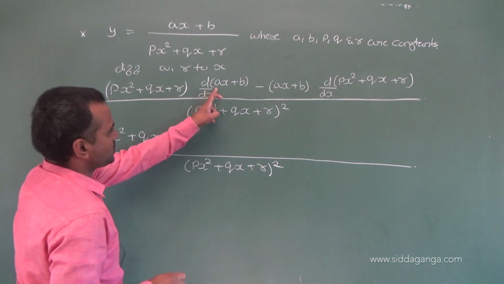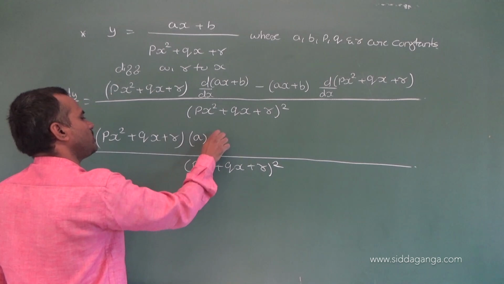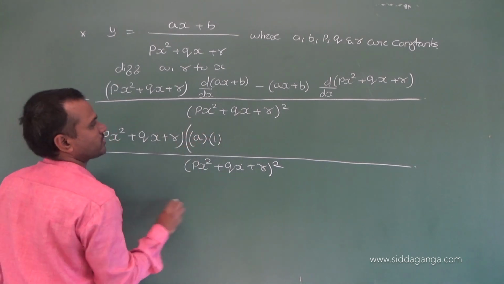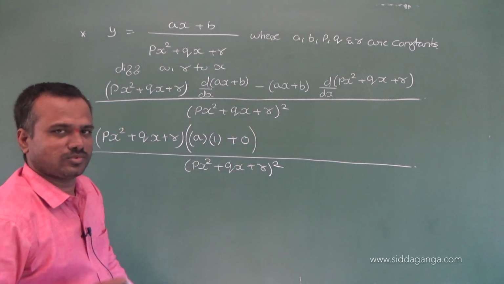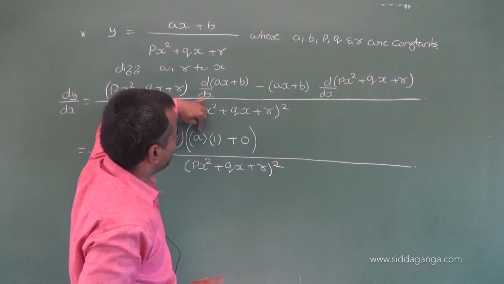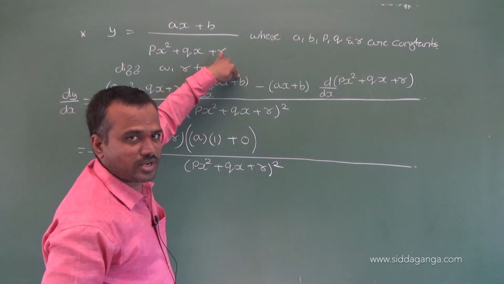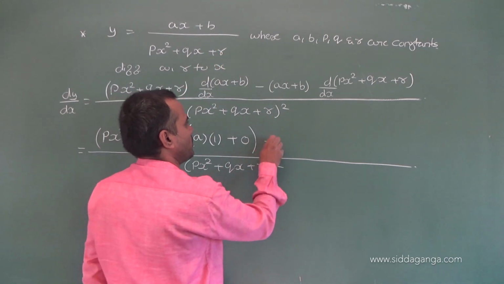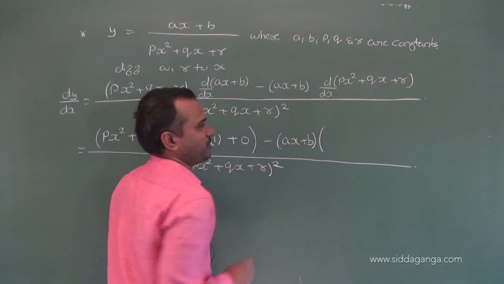Observe here, constant into function. a into derivative of x is 1, plus derivative of constant is 0. Constant into function, constant we write as it is. Derivative of x is 1 plus derivative of b. b is a constant, so derivative of constant is 0. Here it is very important.